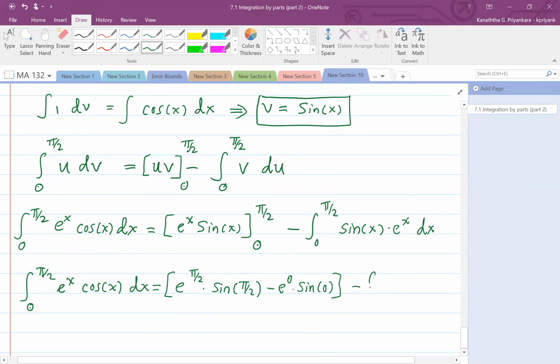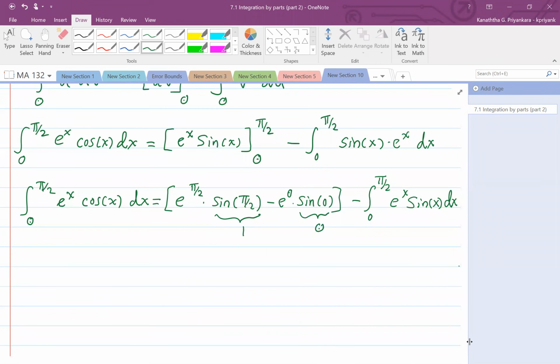So minus, now we have the integral from 0 to pi over 2. First I write e to the power x and then sine x dx. So we know that sine 90 is 1, sine 0 is 0. Then we can simplify this integral.